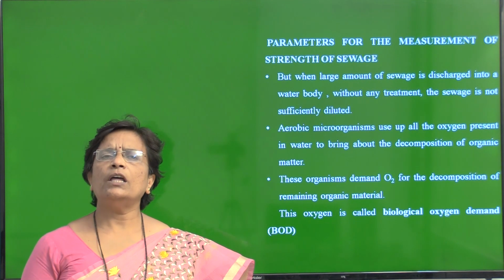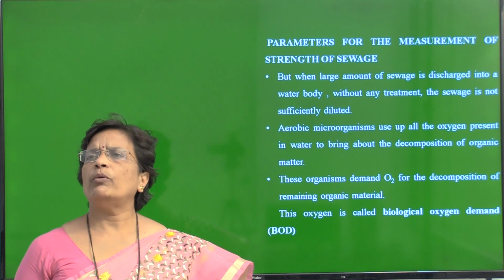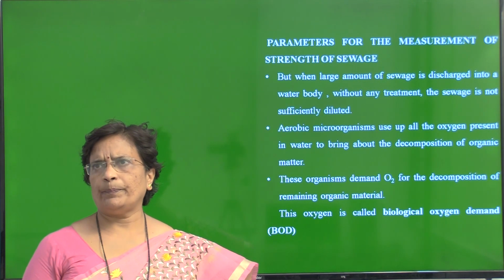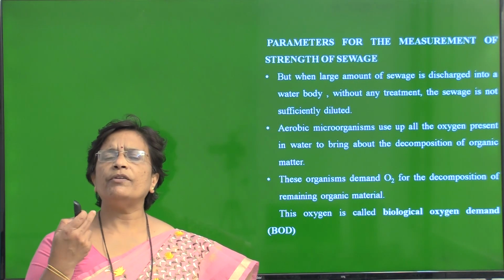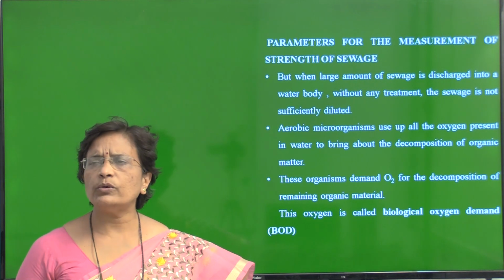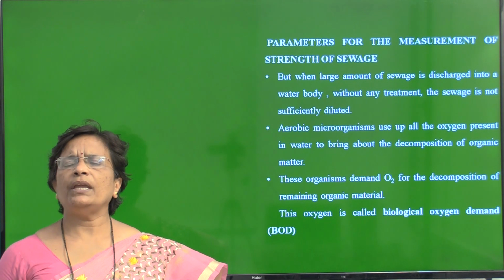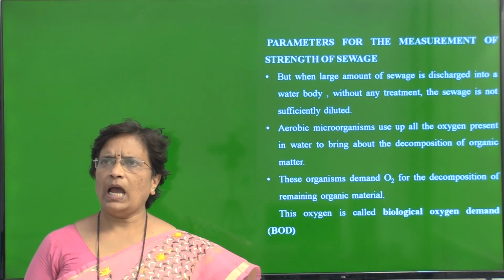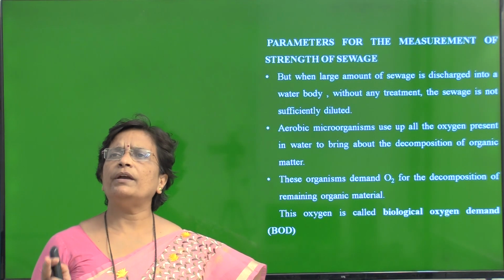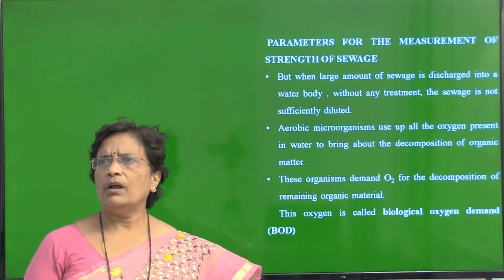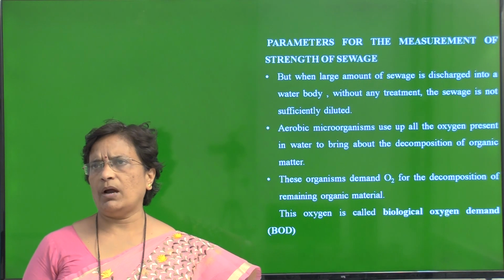But here the amount of oxygen is less as compared to the amount of organic material, and therefore these aerobic organisms demand oxygen for the decomposition of the remaining organic material. And this oxygen, which is required by the aerobic microorganisms, is termed as biological oxygen demand.